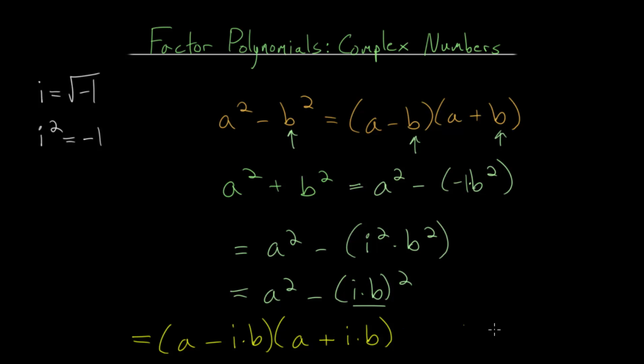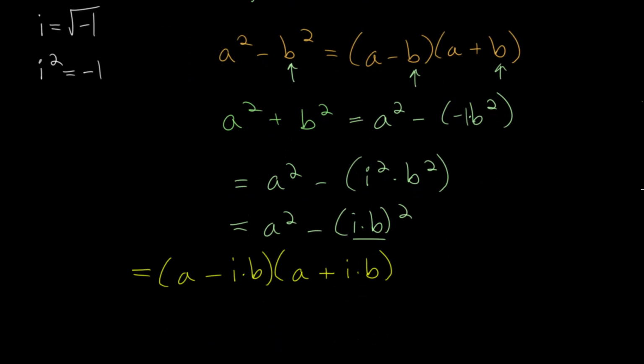And we can verify this just to make sure that this actually makes sense. So let me just make a little bit of room here. And we'll verify this by just multiplying it out. So we'll multiply a to both of these terms, and this minus ib will multiply both of these terms. And we get a times a, which is a squared, a times ib, which would be plus a b times i.